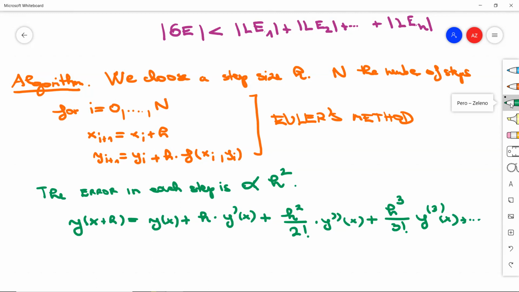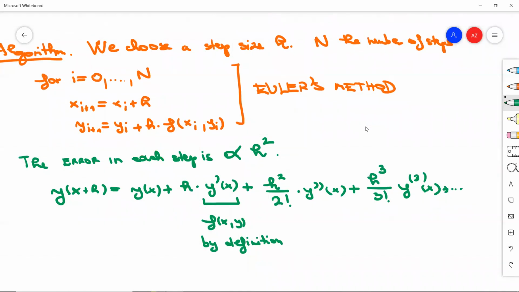But you see that this y prime is f of x, y. This is by definition, because our differential equation is y prime equals f of x, y. So we know what y prime is.